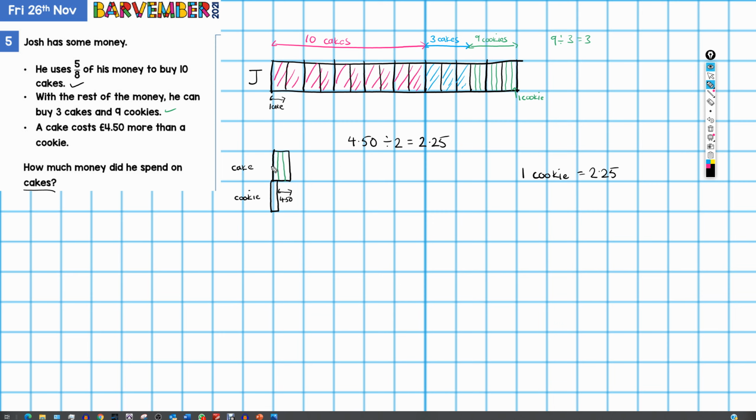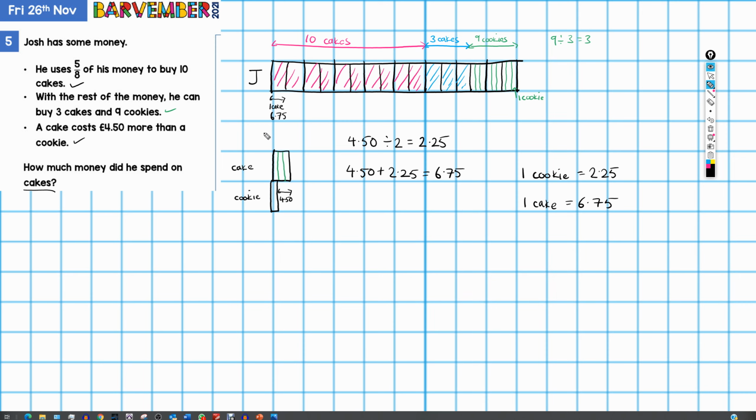So how much then is a cake? Well, we know that 2 of these parts is £4.50 and 1 is £2.25. So 4.50 plus 2.25 is £6.75. So 1 cake is £6.75.